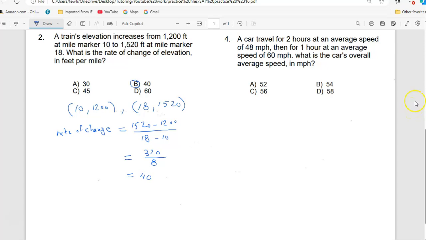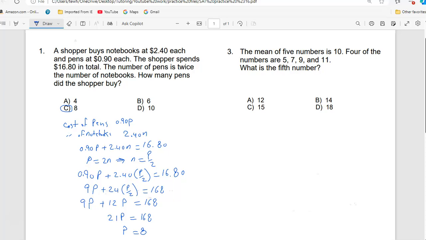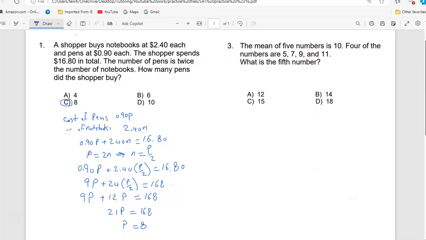Alright, so let's go to the next one, number 3. Give it a try. The mean of 5 numbers is 10. The mean is the average. 4 of the numbers are 5, 7, 9, and 11.